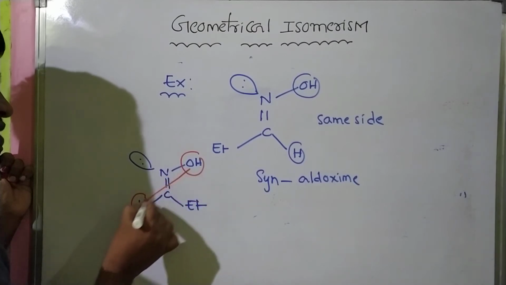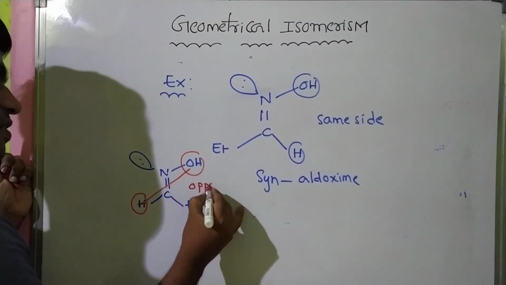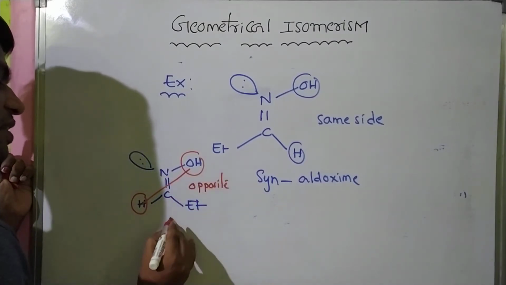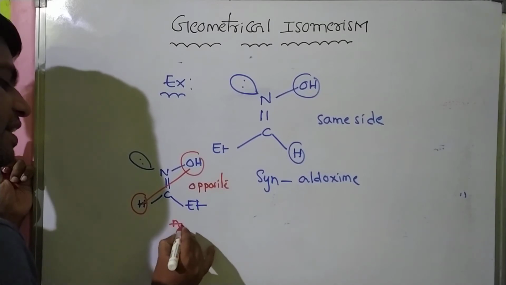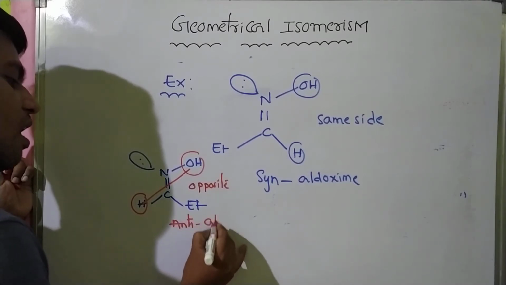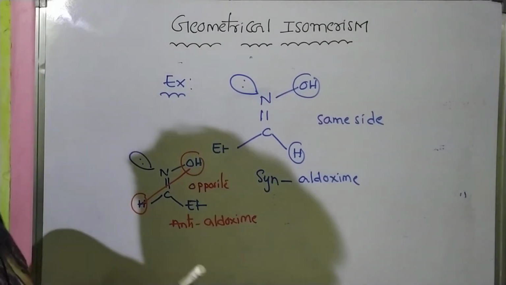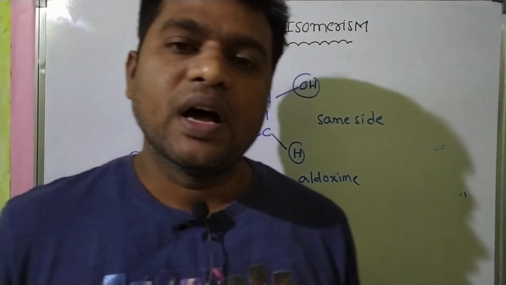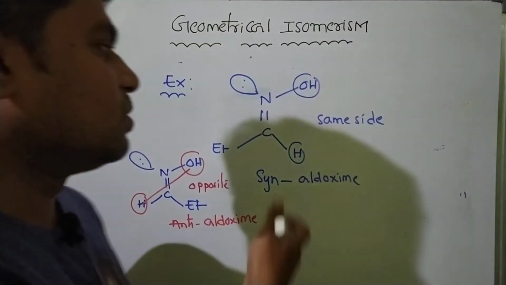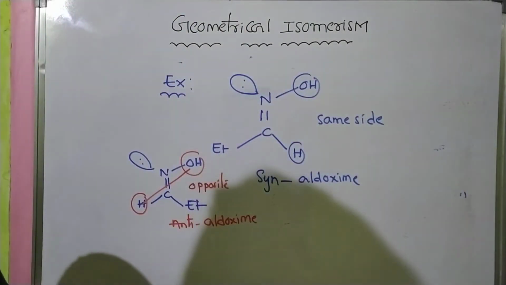These are exactly on opposite sides. So this molecule is anti-aldoxime. Okay, students? I think you understood well. Please note these examples.